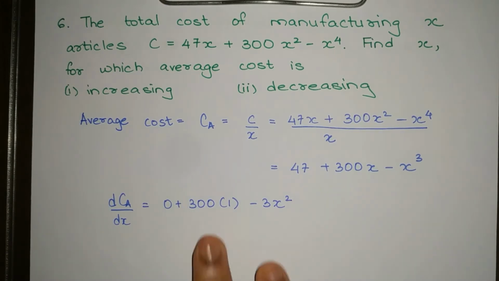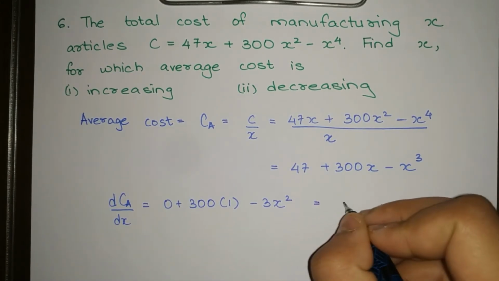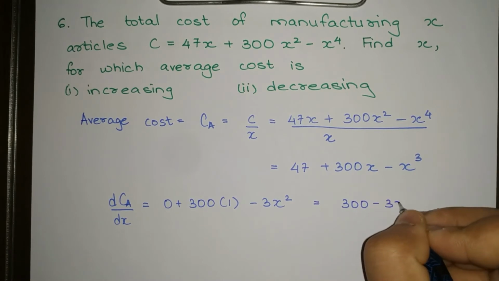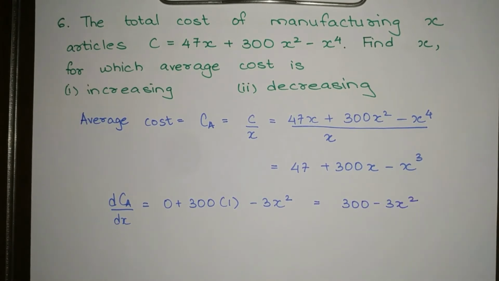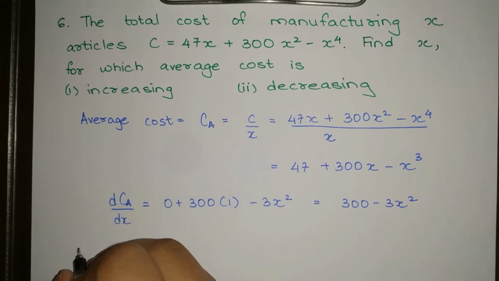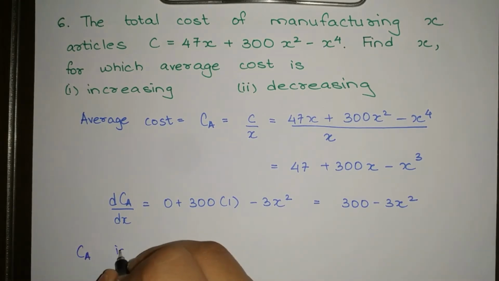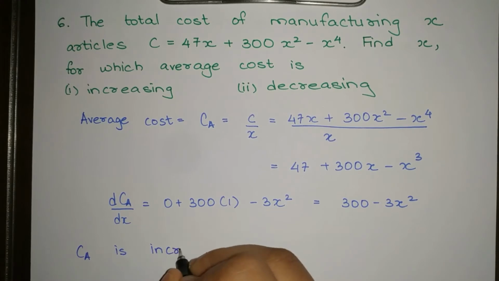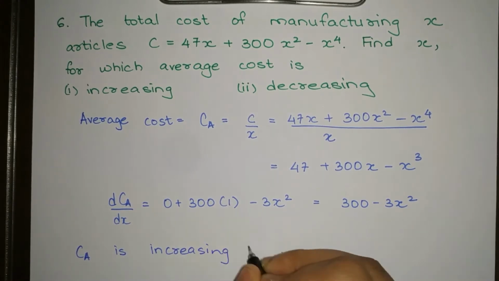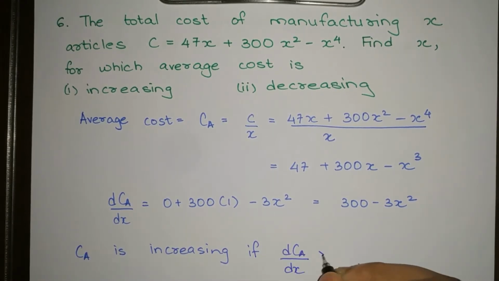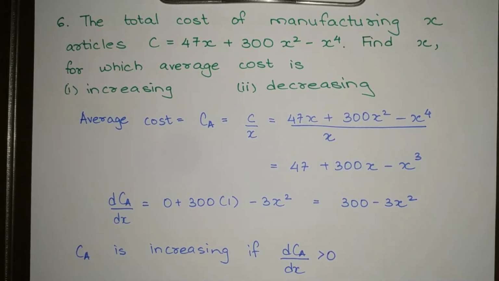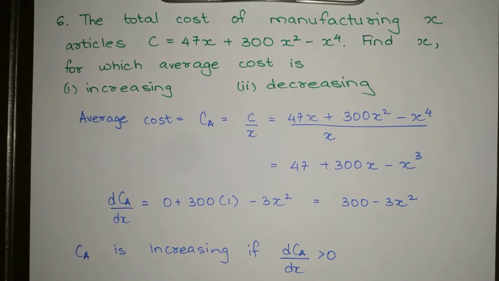So therefore we have got this as the derivative, 300 minus 3x square. अभी हम लोग को चेक करना है कि ये कहाँ पे डिक्रीजिंग है और कहाँ पे इंक्रीजिंग. सो CA is increasing if the derivative is greater than 0. That is when 300 minus 3x square is greater than 0.